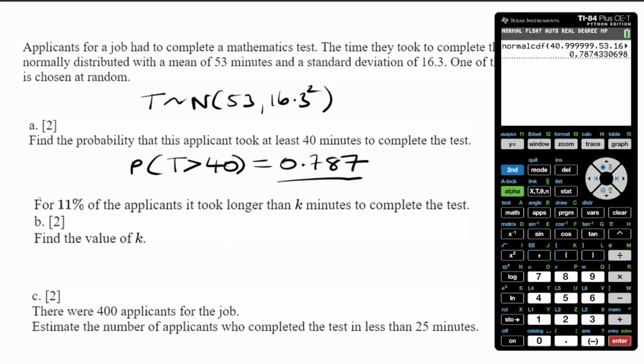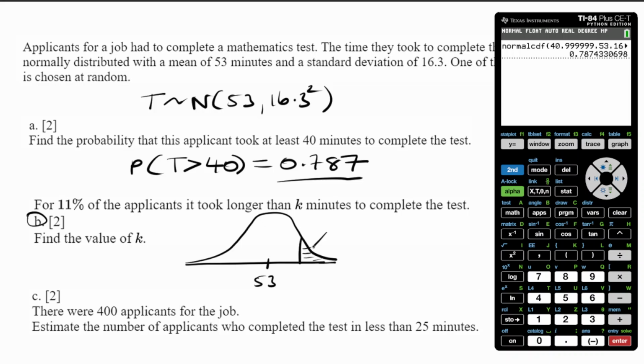Okay, now let's have a look at the next question, B here. For 11% of the applicants, it took longer than K minutes to complete the test. Find the value of K. So like I said before, it's a good idea to do a quick sketch. So we have the mean here, which we know is 53, and it's saying that 11%, so maybe that would be about there.